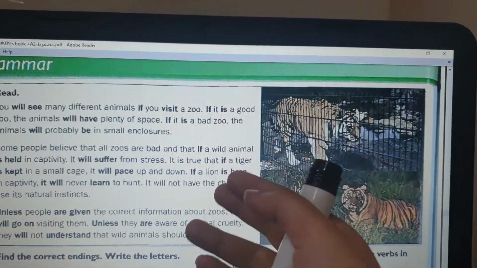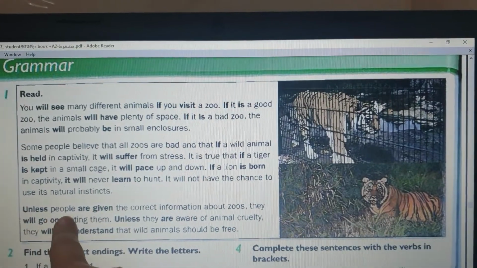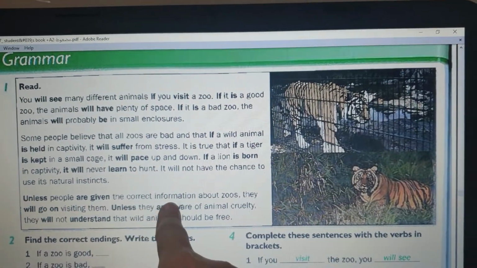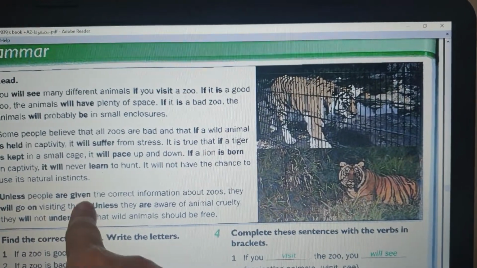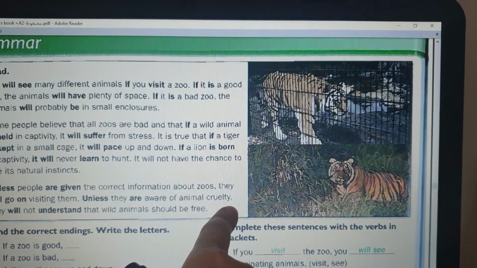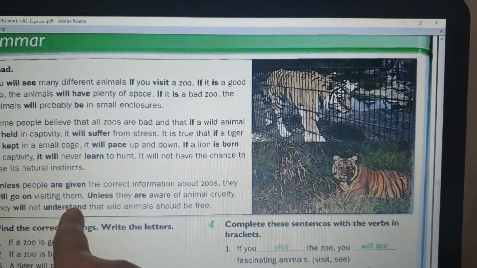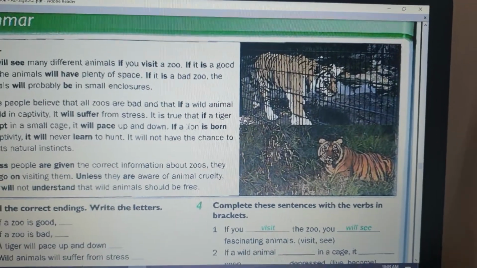You can continue the reading. Unless people are given the correct information about the zoo, they will go on visiting them unless they are aware of animal cruelty. They will not understand that wild animals should be free.